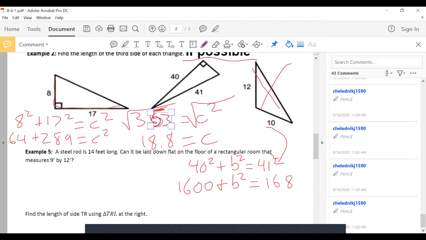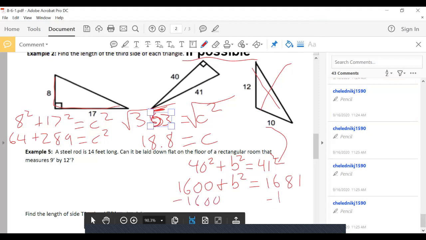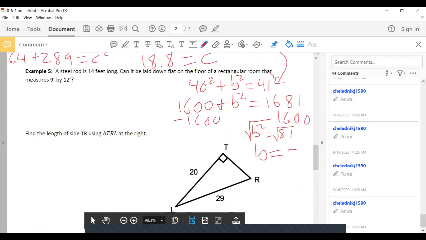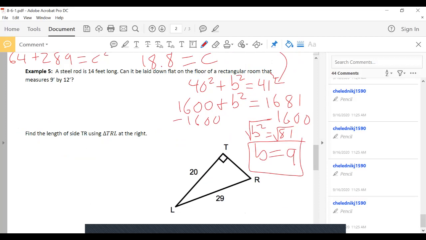Okay, I should have known that. Subtract 1600 from both sides, and you're going to get b squared equals 81. Take the square root of both sides, we get b equals 9. Very good. Let's move on to example 5.